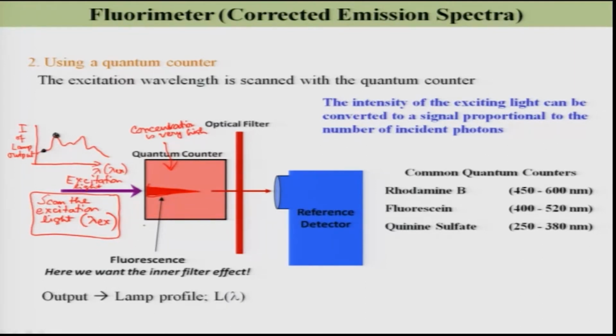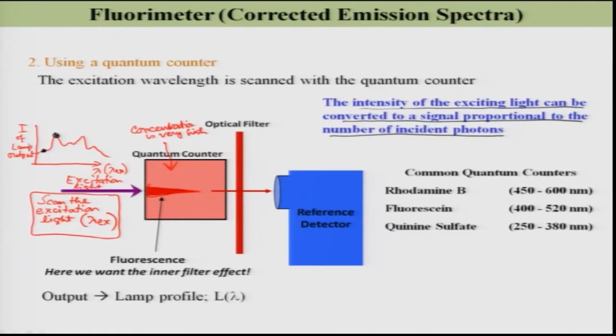What I wanted to do was record the total fluorescence intensity in this detector. And that is what I have written here: the intensity of the exciting light can be converted to a signal proportional to the number of incident photons, that means the intensity of the incident light.